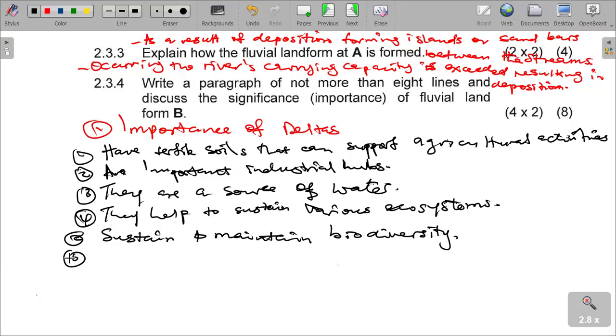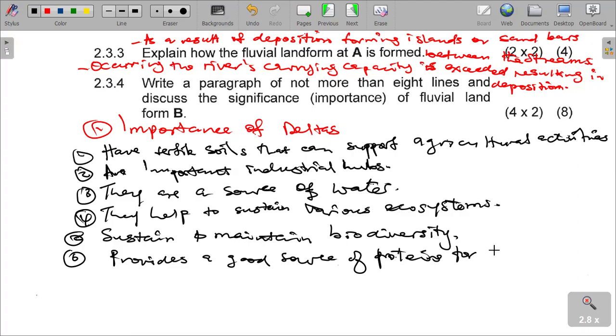Number 6, we can also say that they provide a source of food for fish, a good source of proteins for aquatic life, aquatic creatures.